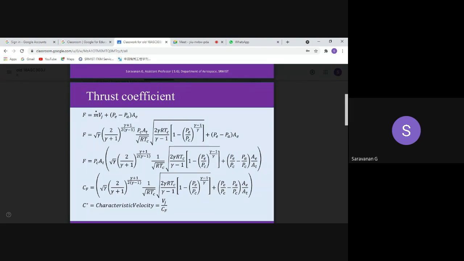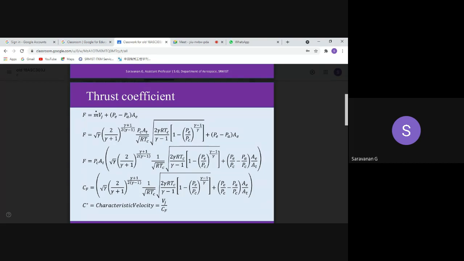Then divide PE by PC AT and Pa by PC AT, so AE by AT will come out in that case. Like that, I took PC AT out commonly for the entire derived component, and the remaining will be inside. Later, the next step will be, as I told you, CF can be found. CF is nothing but F by PC AT.